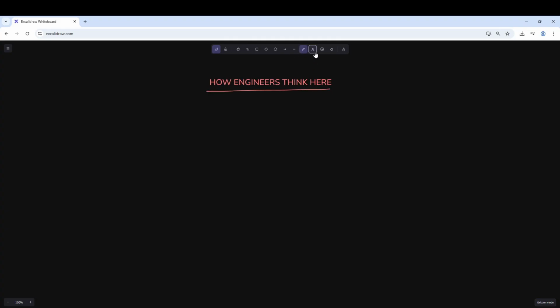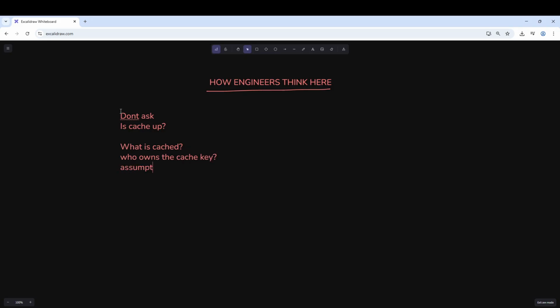How do engineers think here? Very few engineers ask, is the cache up? They ask, what is cached? Who owns the cache key?